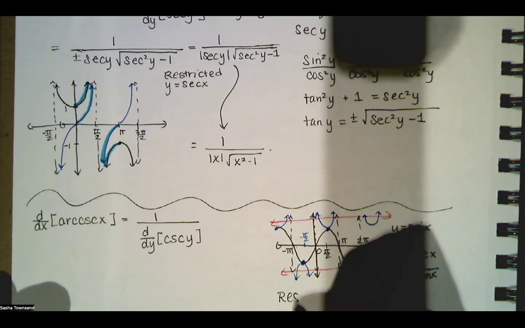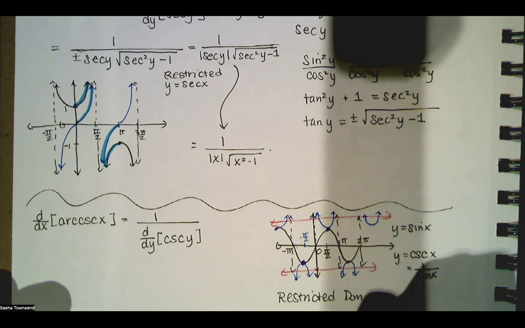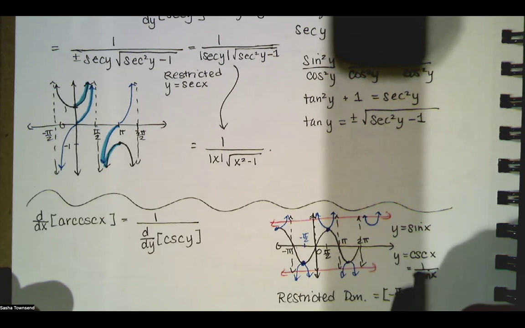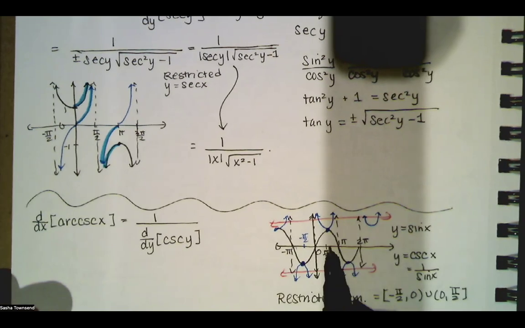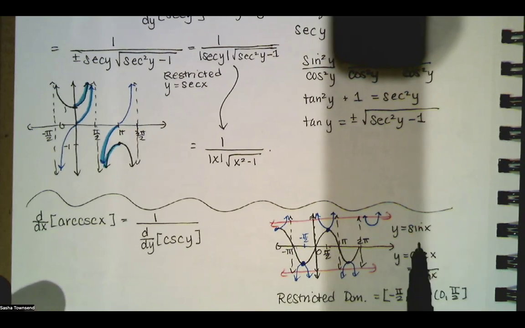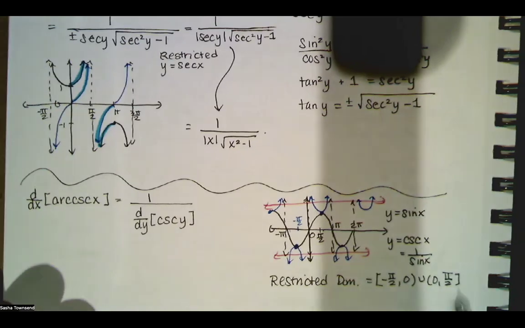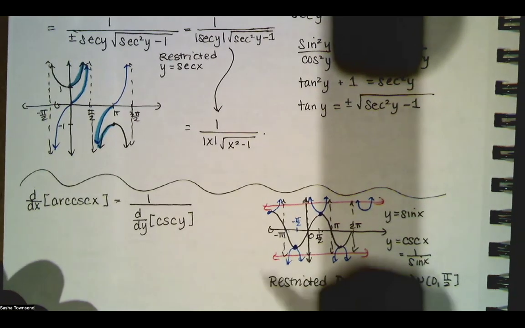So the restricted domain is the interval from negative pi over 2 to 0, union 0 to pi over 2. So I'm still thinking negative pi over 2 to pi over 2, the restriction for sine of x, but I exclude 0 because of the asymptote.